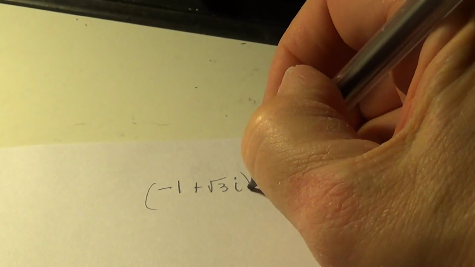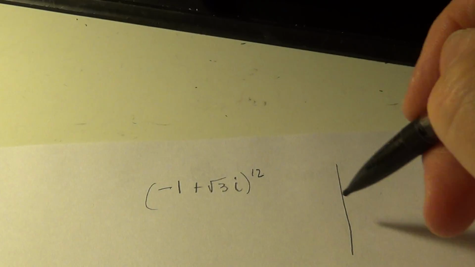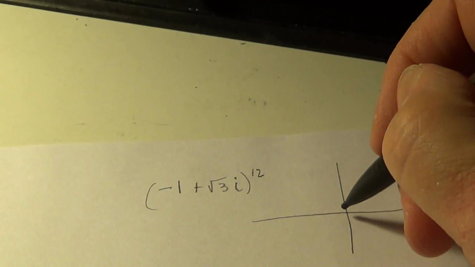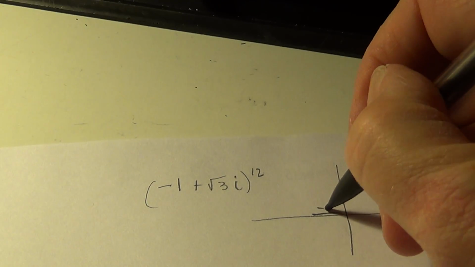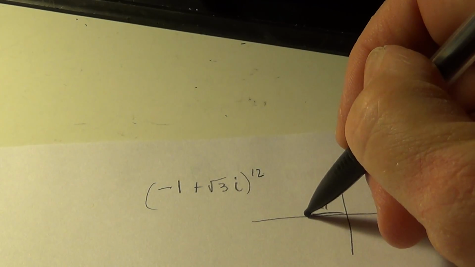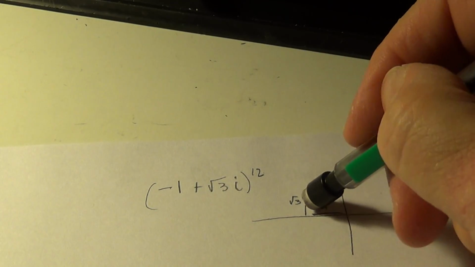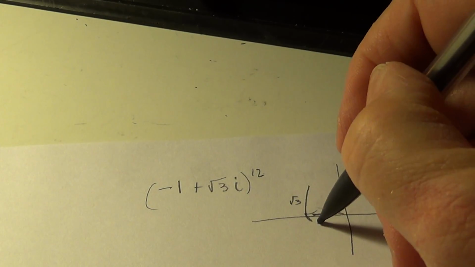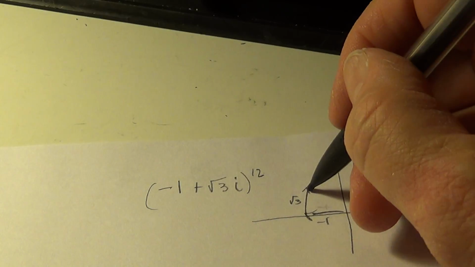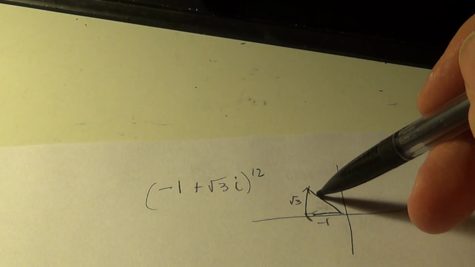So I'm going to take this and raise it to the 12th, but before I can do that I have to change it to trig form. So I sketch it. This is the real part. On the real axis it goes back 1 and then it goes up square root of 3. Now for trig form we need this number out here.